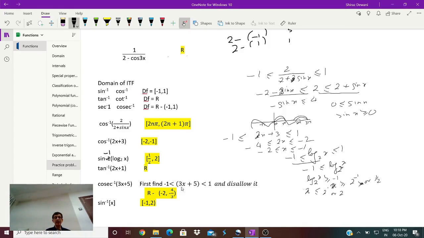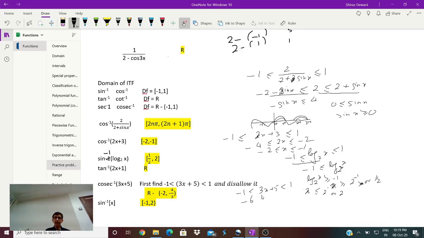Now this is interesting. Cosec does not include this particular interval, minus 1 to 1. So what you do is you find the interval minus 1 to 1 and then disallow that. That means you take first minus 1 less than 3x plus 5 less than 1. Then subtract minus 5 from both the sides.